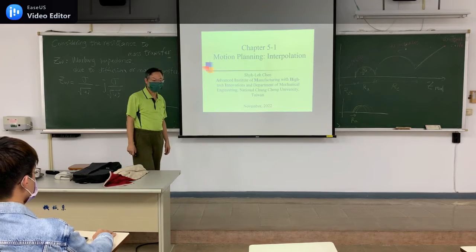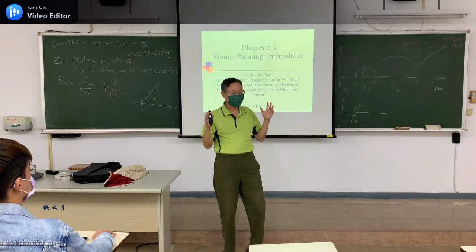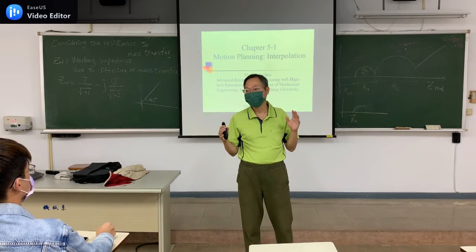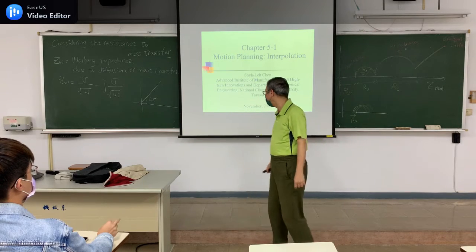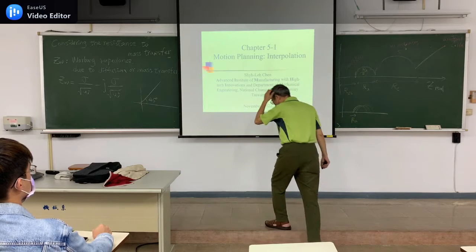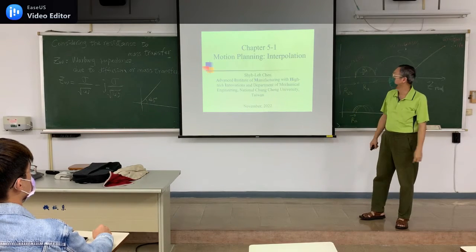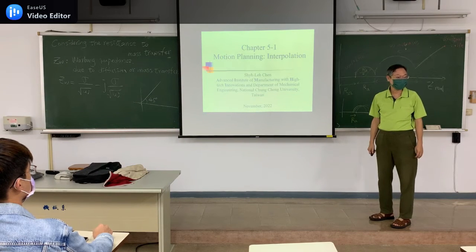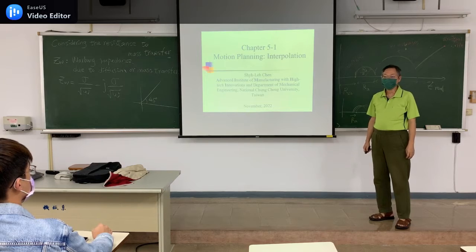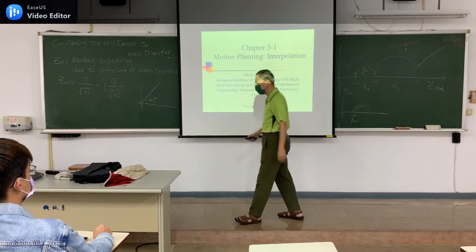The second part is to introduce a special type of integration, which is called NURBS, non-uniform rational B-spline. And finally, the final part of motion planning is about the acceleration and deceleration. In other words, the so-called velocity profile, the design of velocity profile.